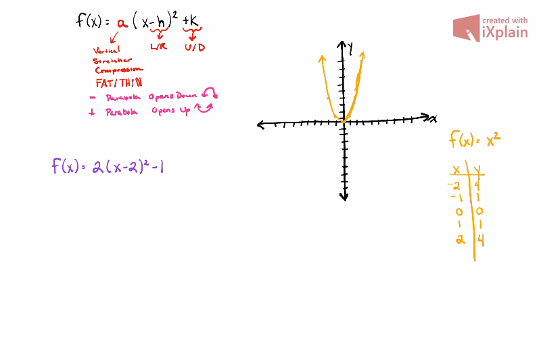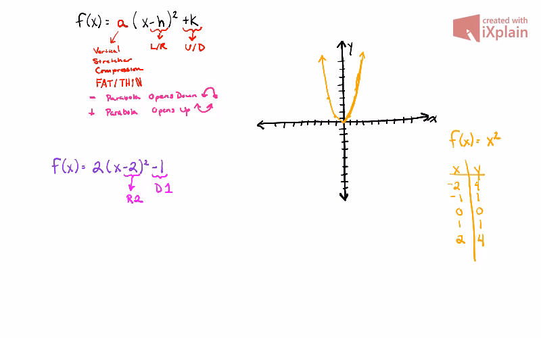I know for instance that I'm going to move down 1 because it's a -1 on the outside. Here, note that I do have a -2 on the inside of the squaring, contained in those parentheses. In this case, remember that when it's inside the house, it's lying to you. So when you see a -2, you should think, okay, I'm going to move to the right 2.